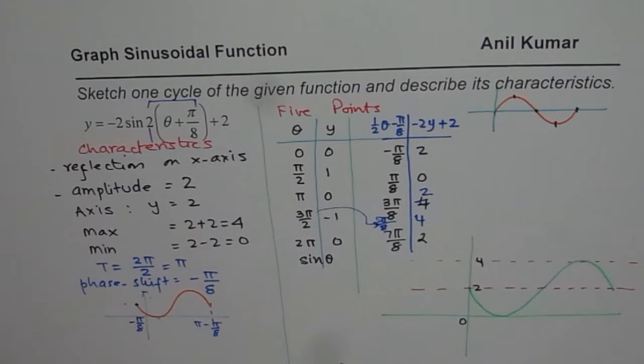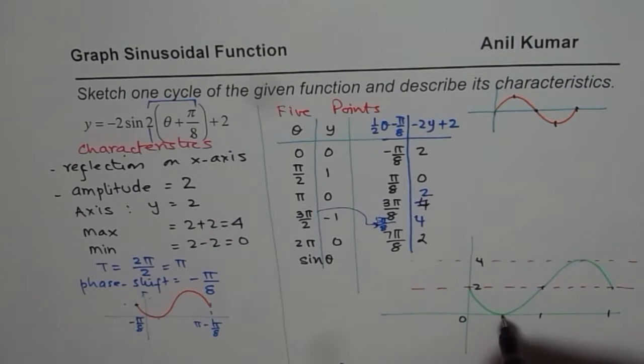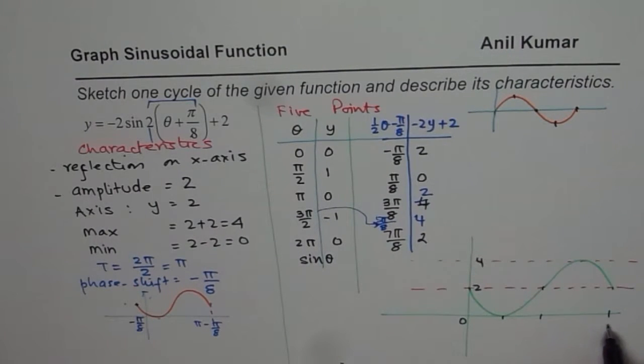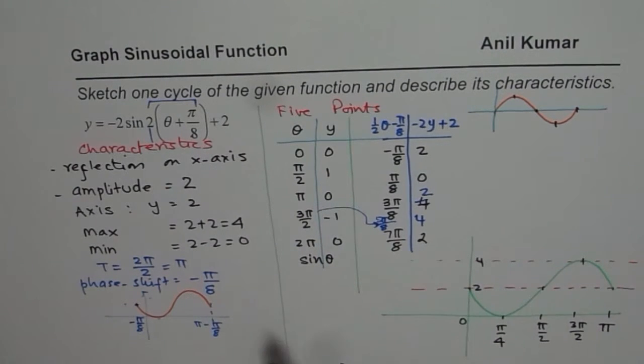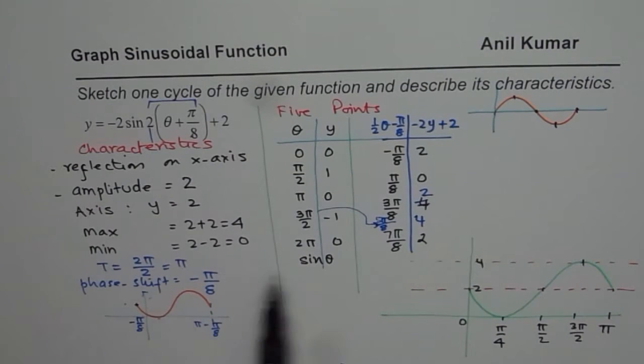So where these points for us are pi by 2, pi by 4. Do you see that? So 3 pi by 2. These are my original points with the reflected wave and vertical stretch along with horizontal compression applied.